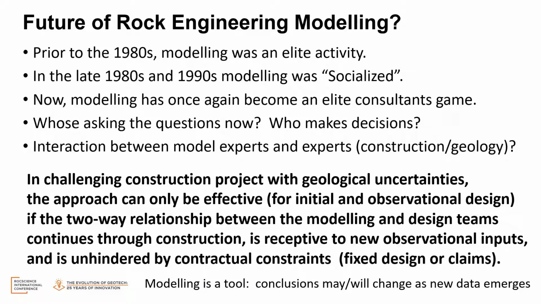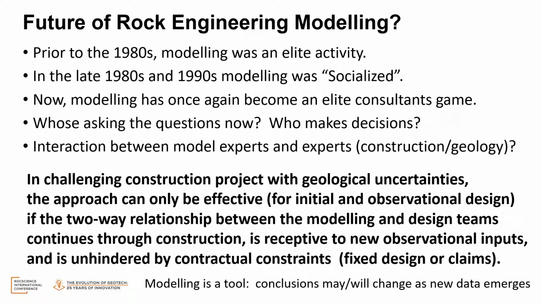However, in one-time construction projects like tunneling and cavern construction with geological uncertainties, this approach can only be effective for either initial and especially for observational design if there's a two-way relationship between the modeling and design teams, and that relationship has to continue through construction, and it has to be receptive to new observational inputs.